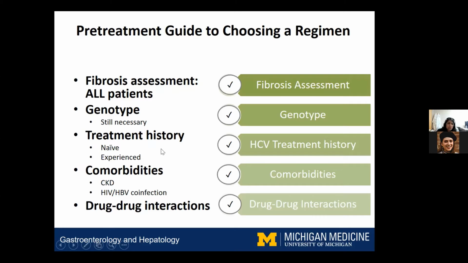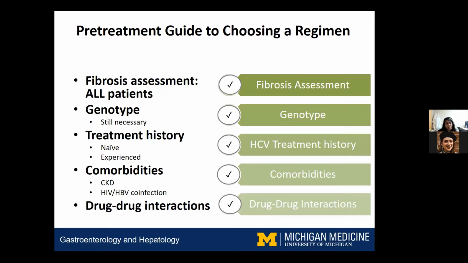The third thing is knowing whether or not a patient has ever been treated for hepatitis C before, because that also influences treatment decisions. So knowing whether a person's treatment naive, never been treated for hepatitis C, or has been treated before. And also being aware of comorbidities.